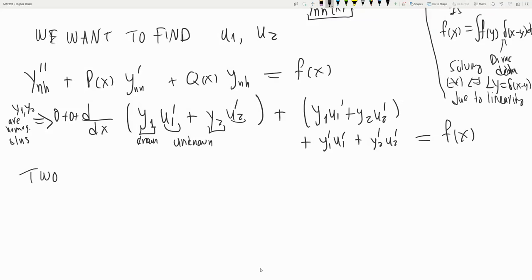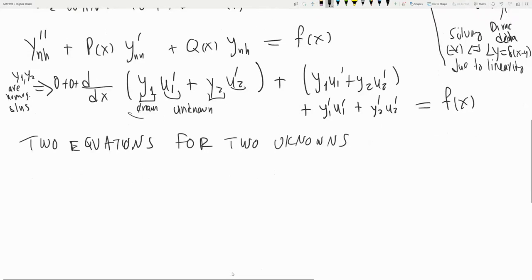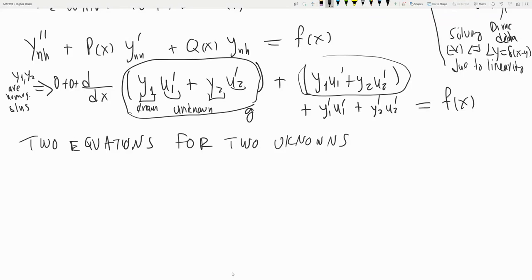So you need two equations for two unknowns, right? From linear algebra. So that means we need to create one more equation. But thankfully, we see that we have the same function here. Call it g of x.